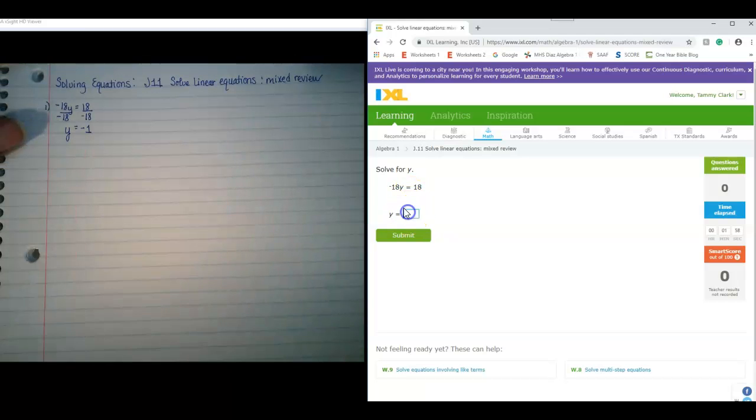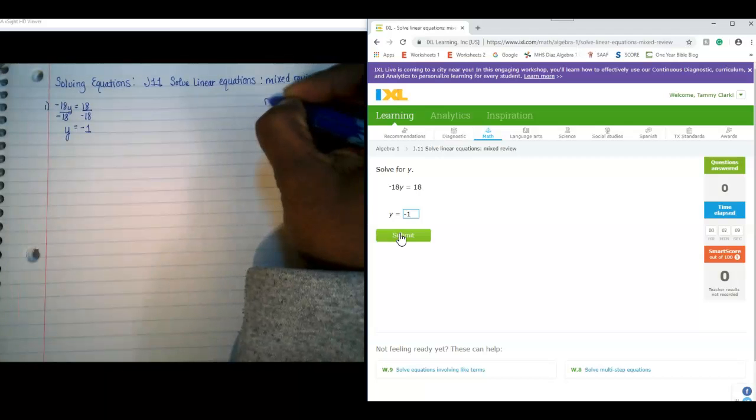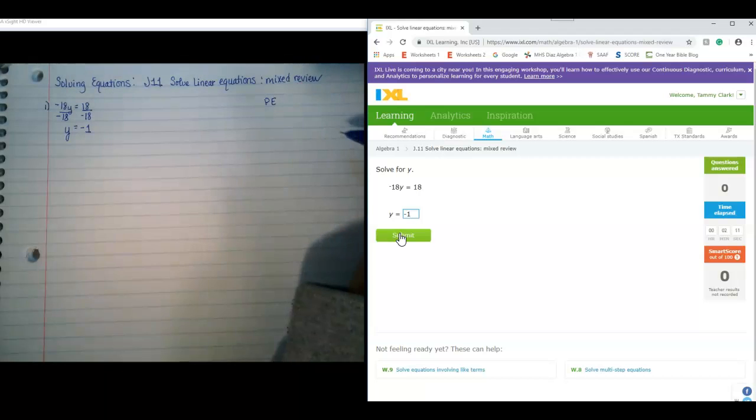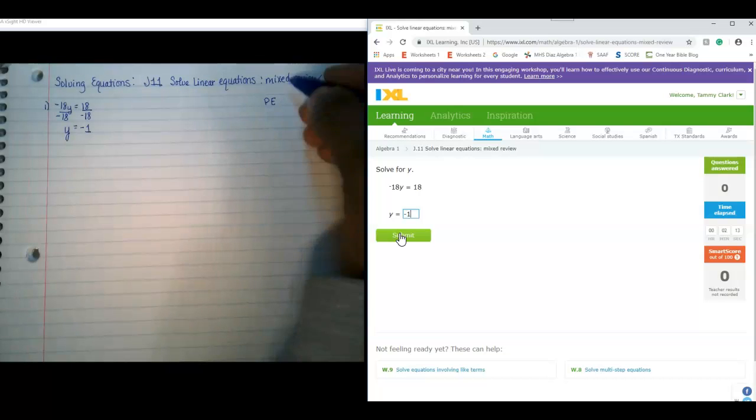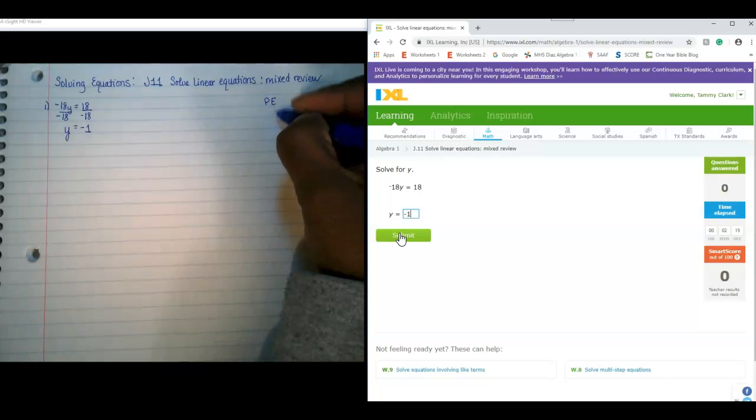Now remember, when you're solving equations, you're just doing the opposite of order of operations. You always will do parentheses, exponents first, but when you're solving equations, just keep in mind that you want to go backwards.